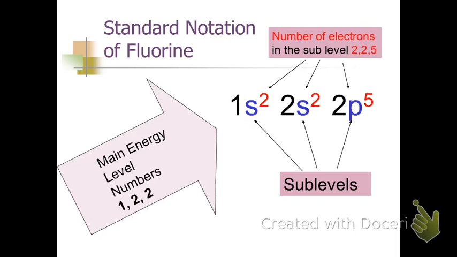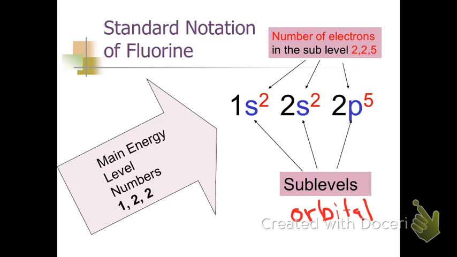So here's a formal slide showing what's called standard notation of fluorine. The number of electrons in the sublevel are the red superscripts, 2, 2, and 5, so that adds up to 9. And that's how many electrons fluorine has total. The blue s's and p's are the sublevels, and as we know, the words sublevel and orbital are kind of one and the same.